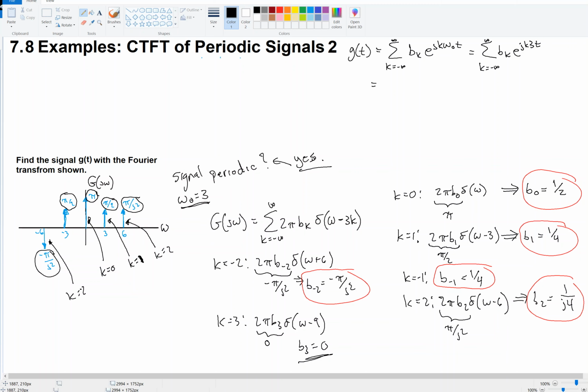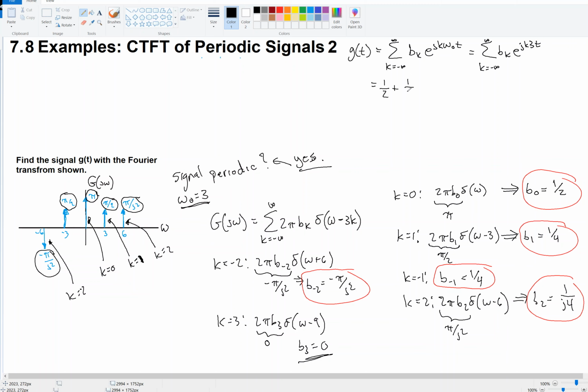So I'm going to do this in a strategic way because you'll see that these things make nice sine waves and cosine waves. But let's consider the k equals 0 term first. So b0 is just 1/2, so I would have 1/2 e to the 0. So that's just 1/2. Now let me consider plus, right, because this is a sum, the k equals 1 term. K equals 1 term would give me b1, which is 1/4.